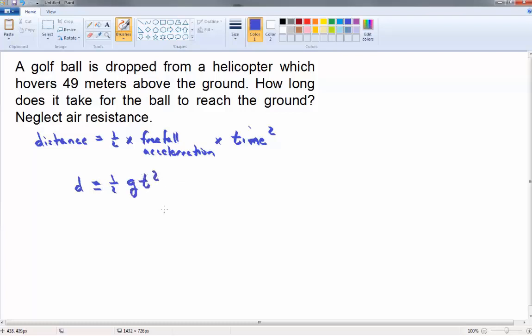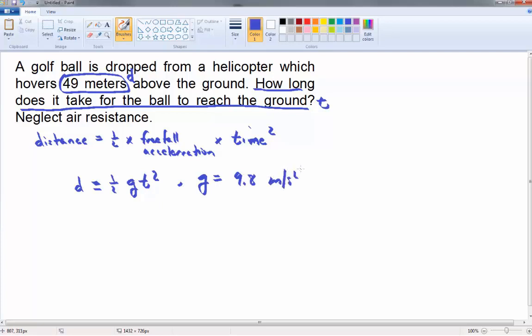The thing that we're trying to solve for, how long does it take for the ball to reach the ground, that is actually t. This thing is 49 meters above the ground, so that is our value for d. And of course, g is 9.8 meters per second squared, the free fall acceleration. So we want to find the time. That means we've got to rearrange this equation.